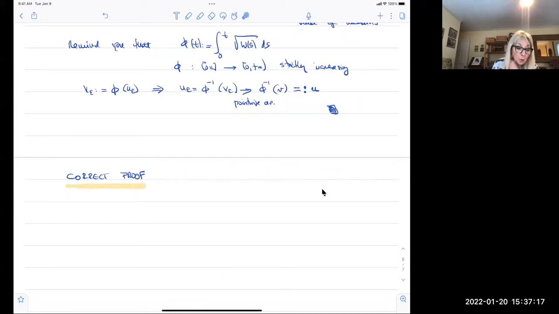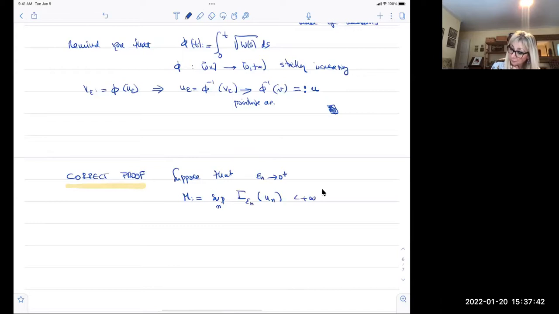So let's ask the question again. Suppose that I have a sequence epsilon n that goes to 0, and suppose that the sup in n of some sequence un is finite.